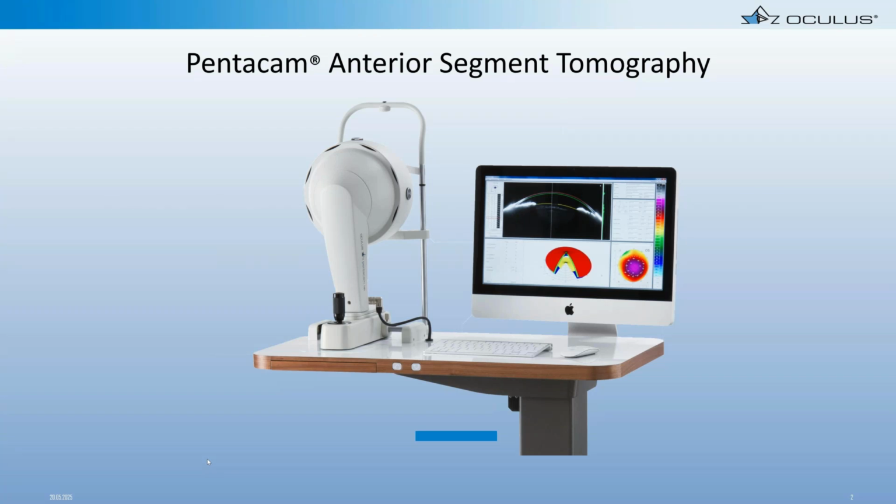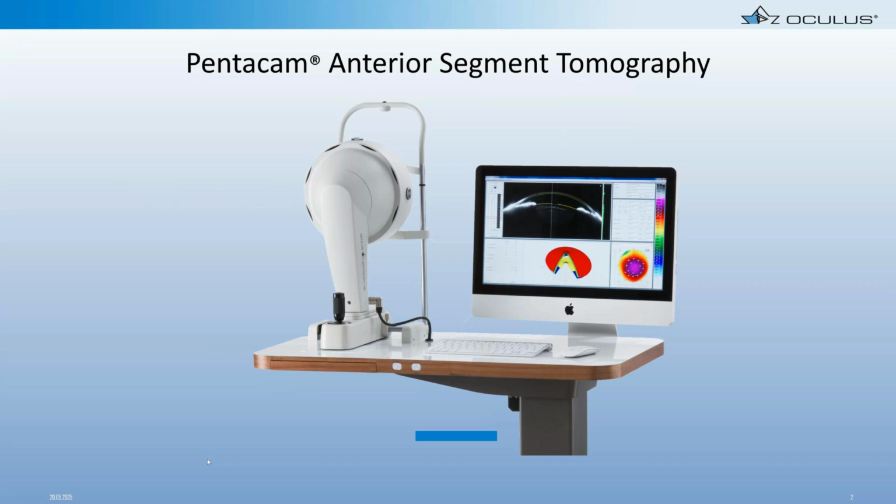It uses Scheimpflug imaging to take multiple cross-sectional views through the anterior segment and reconstruct a three-dimensional model. From that, we can understand the shape of the cornea and even somewhat the sclera, depending upon the test we run with our instrument.